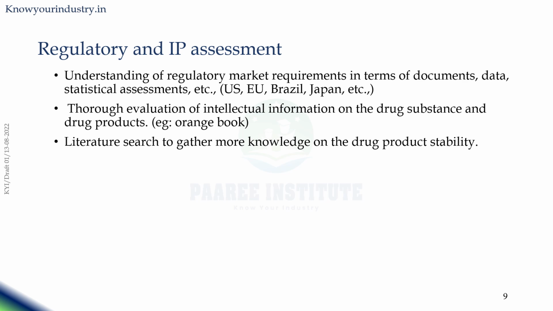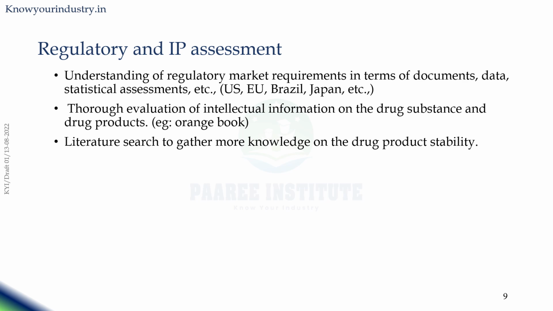And the literature search together gives more knowledge on the drug product stability also. Either you can access it through the regulatory department or, as a formulation scientist, you can get the information from the respective regulatory agencies, or you can avail it through a lot of literature.